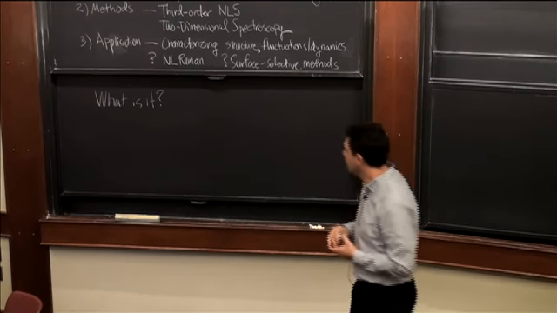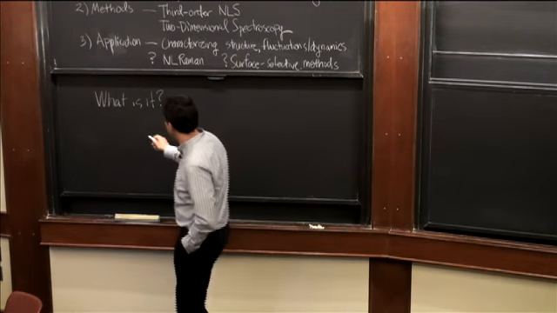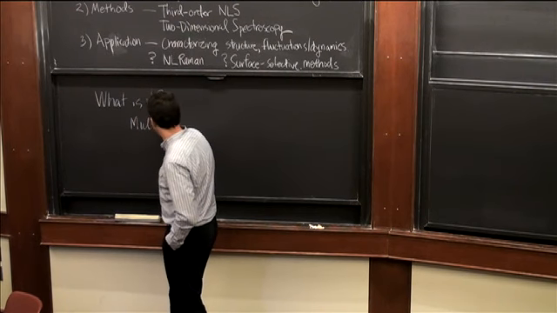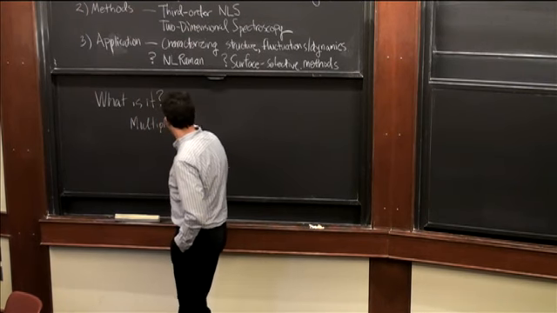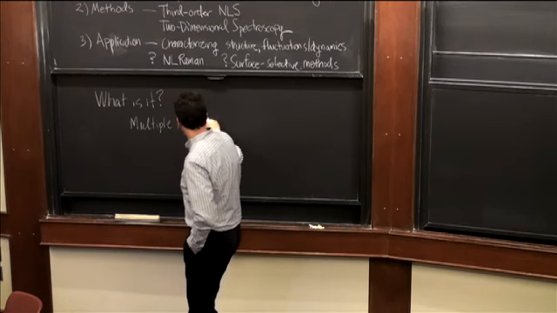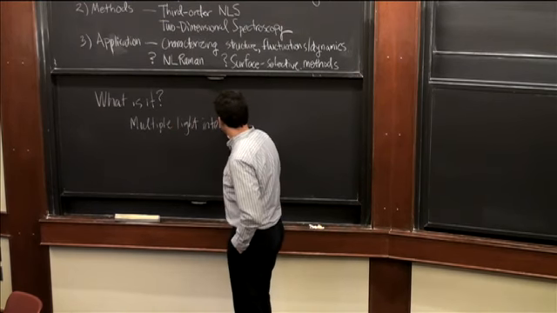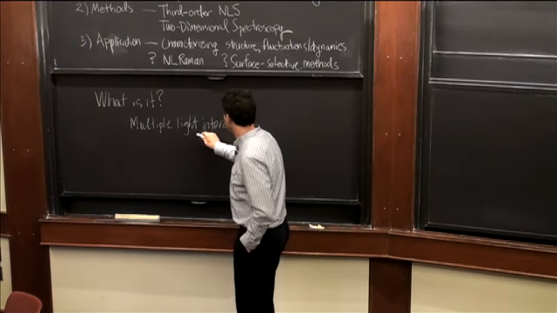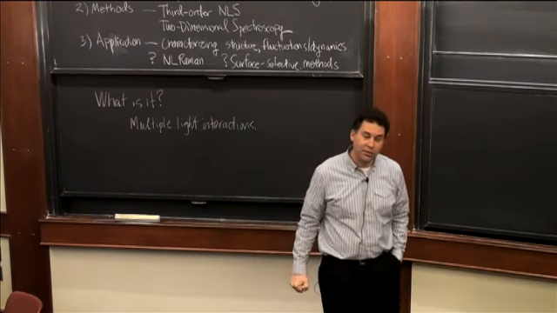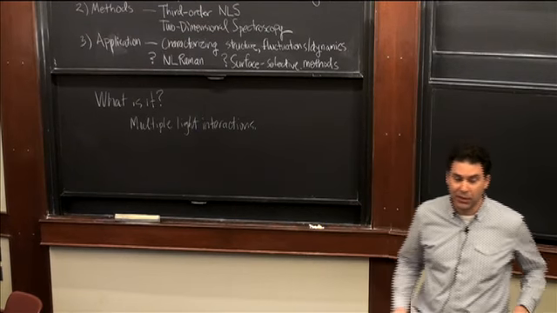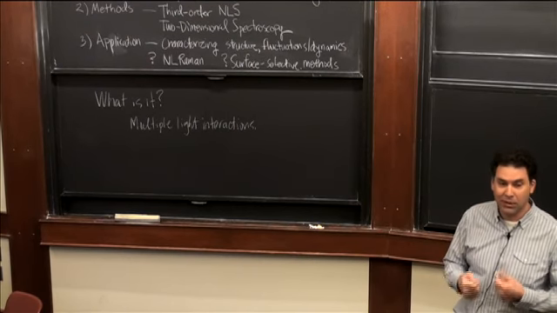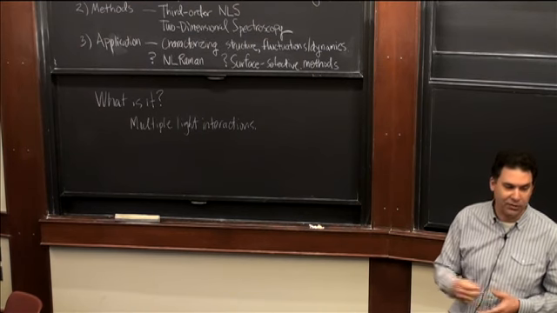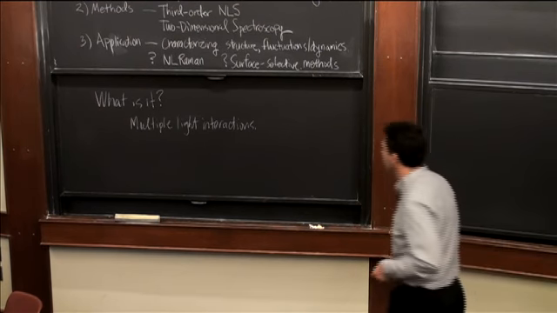That is what we're after. To be a little bit more precise about it, not multiple light fields per se, but multiple light interactions. Because as you might imagine, there can be many interactions of the matter with just one of the incident fields.